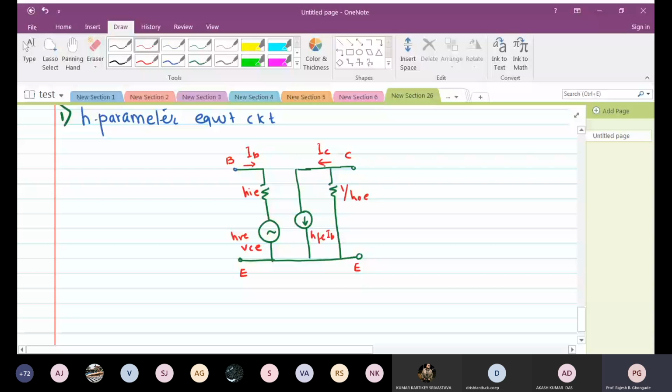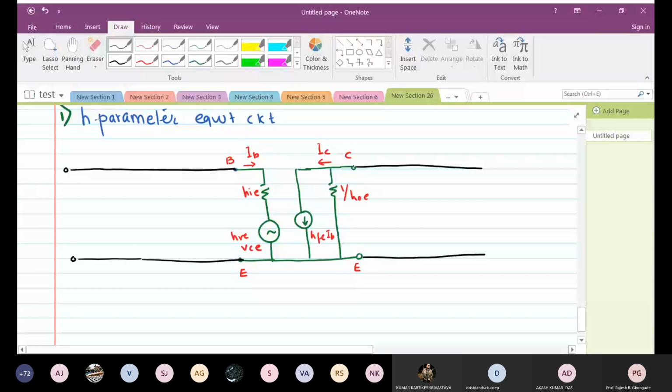Now let us talk about the external circuit. I will use different color for that. So what do we have between the base and the AC ground?